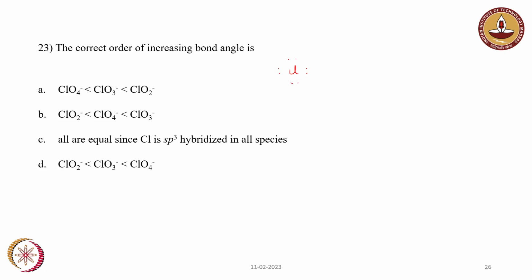So 8 valence electrons, and then ClO4 minus, 4 oxygen forming bonds. So double bond O, double bond O, double bond O, and double bond O. We'll be having a tetrahedral shape and 109 degree 28 minute bond angle. Next one is ClO3 minus.